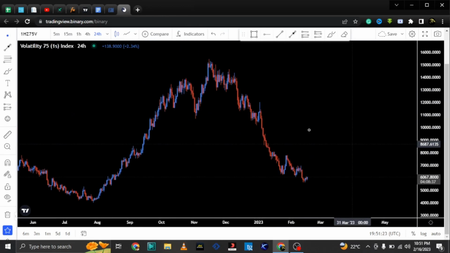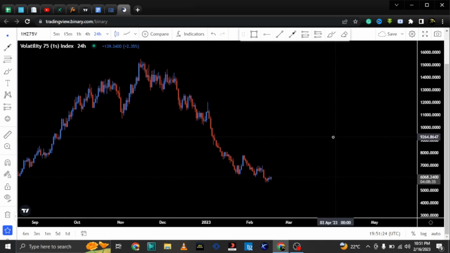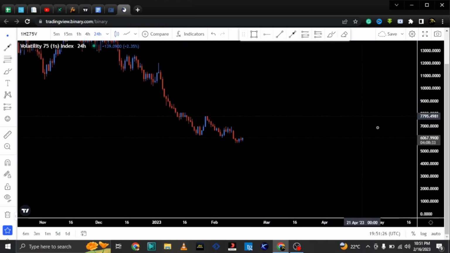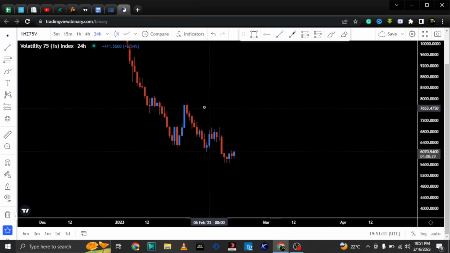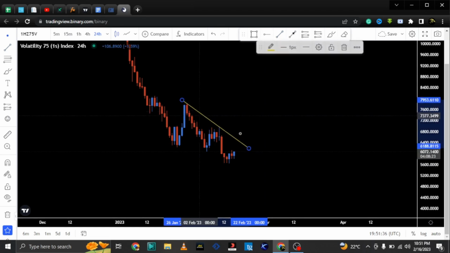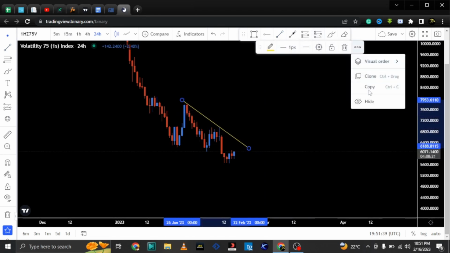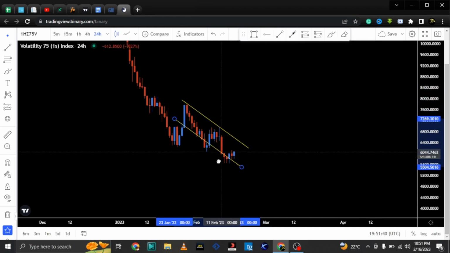So you can see that we've actually been on a downward trend for quite some time. You can see that the market actually gave us this downtrend. We've been on a clean downtrend over here, so we can clone this and just bring this one over here.